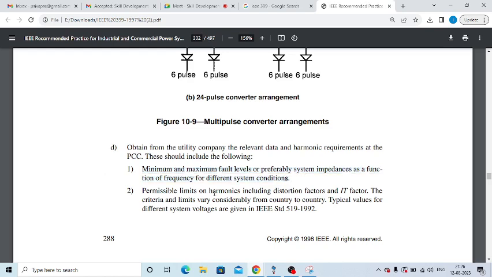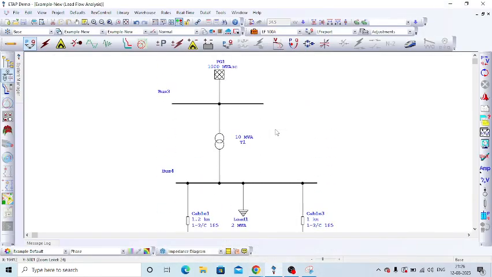So we have to get it, and the background harmonic voltage, then how much distortion we have to maintain at this particular location. Normally we have to comply with the harmonic limits at PCC. PCC means point of common coupling. That is the interface point between the utility company and the industrial company.